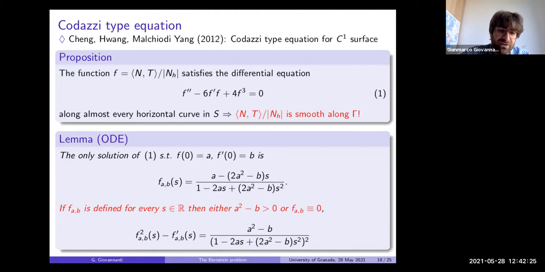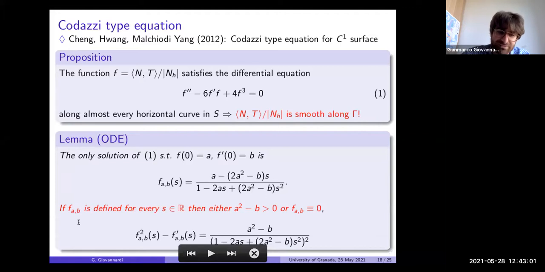First of all, we need a simple ODE lemma: the only solution of this equation, if we fix an initial datum at time 0 equal to A and a velocity equal to B, is given by this rational function, a ratio between a first order polynomial in the numerator and a second order polynomial in the denominator.